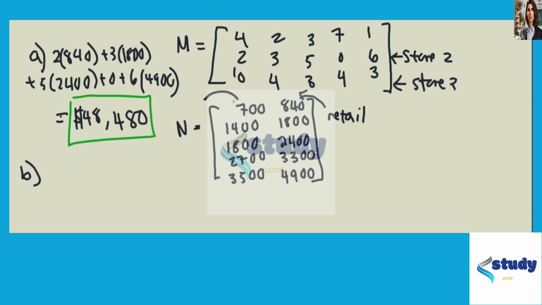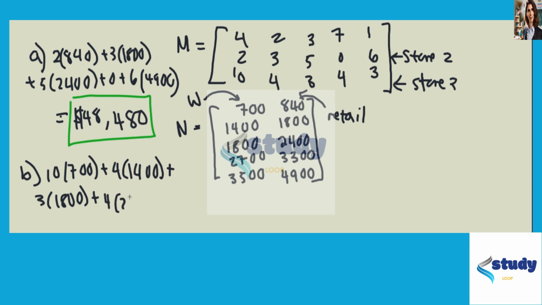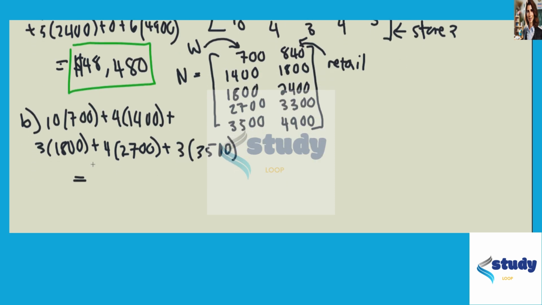We do the same process: 10 times 700 plus 4 times 1400 plus 3 times 1800 plus 4 times 2700 plus 3 times 3500. Plugging this into a calculator, we get 39,300.